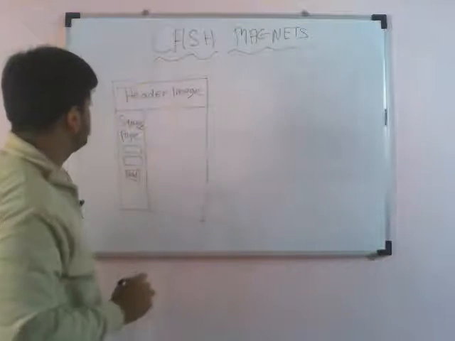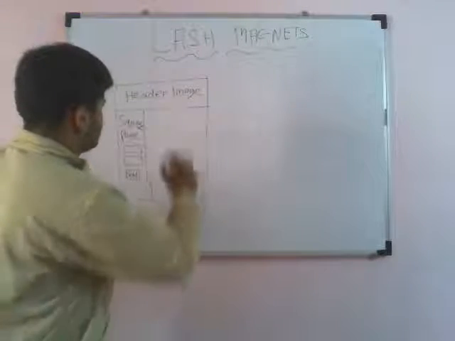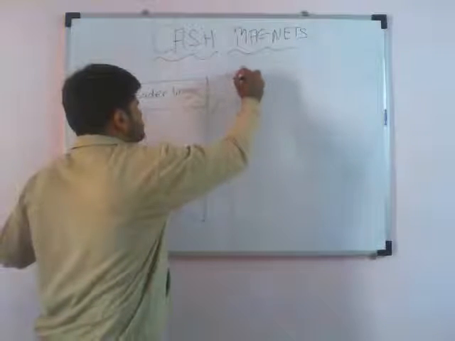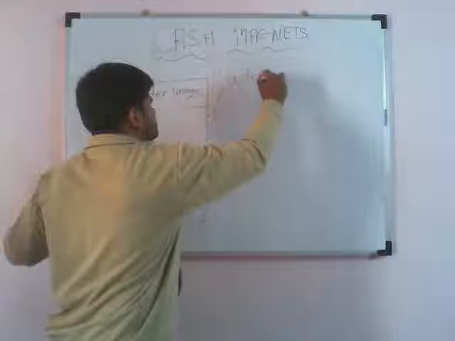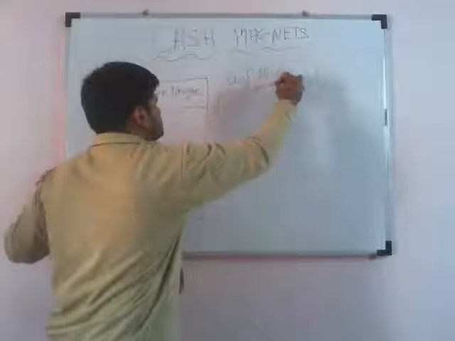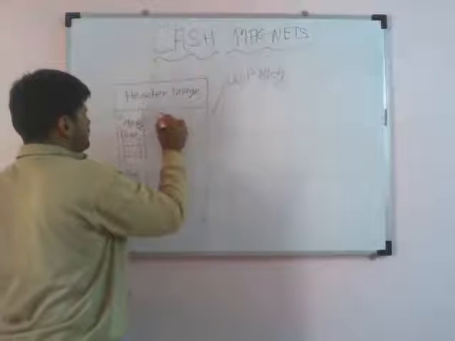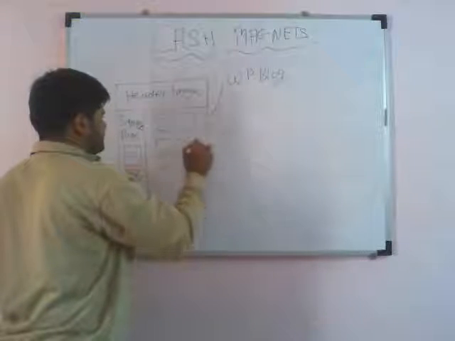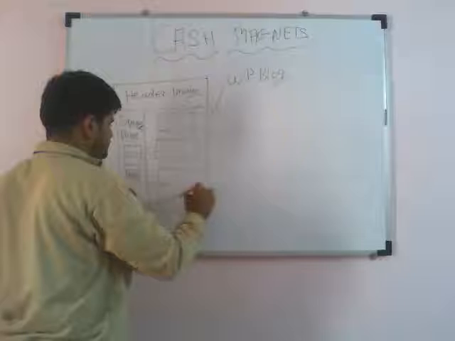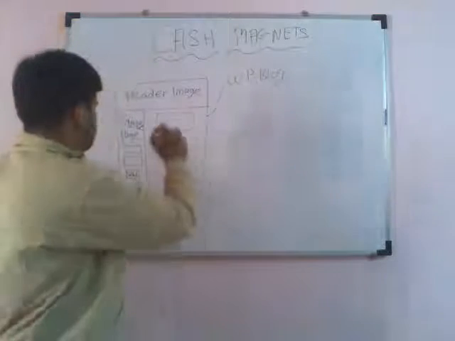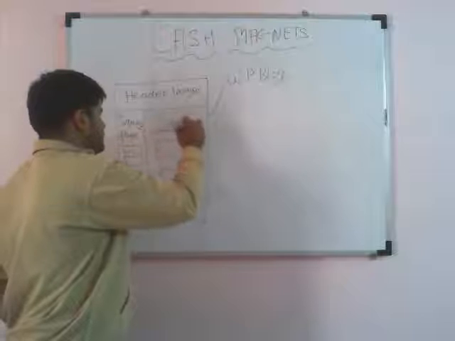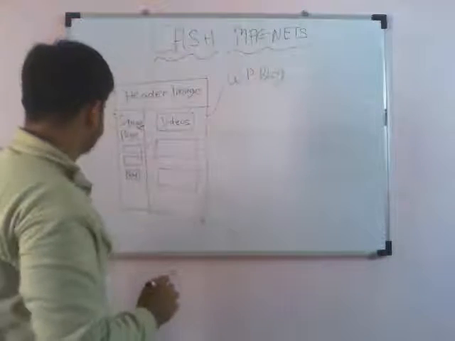hand side. Then basically what you'll be creating will be a WordPress blog. Here you will be having your articles or videos. In my case, I mostly tend to post videos, so these are the videos on your blog that you keep publishing to share with your visitors.